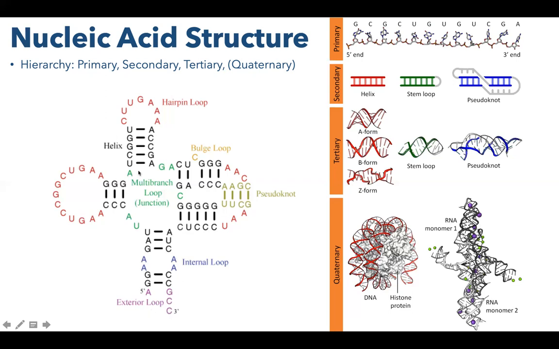Now, don't be confused if you hear the term stem loop. You might confuse it with the hairpin loop. Some references would refer to the hairpin loop as just the loop itself and the hairpin part as the helix. Some references would refer to hairpin loop as this whole secondary or tertiary structure.